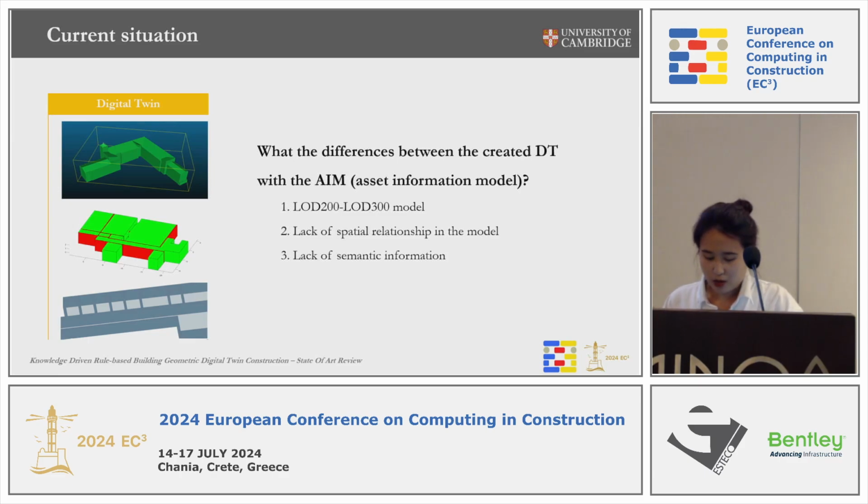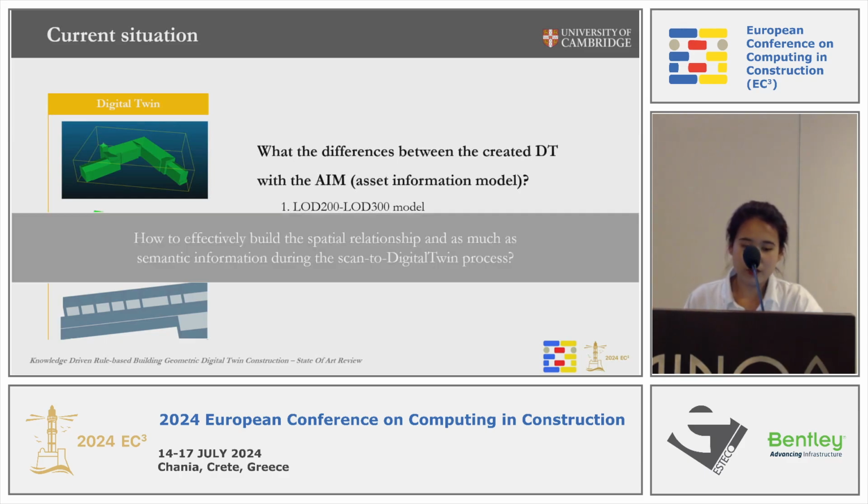So I start from the end of the story and think about what we can do now. This comes to my research question: how to effectively build the spatial relationships and as much semantic information as possible during the scan to digital twin process.